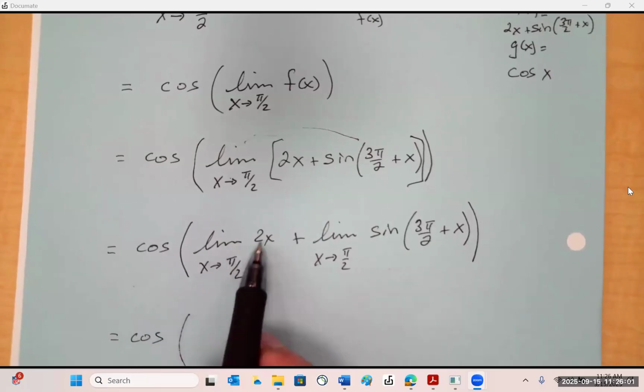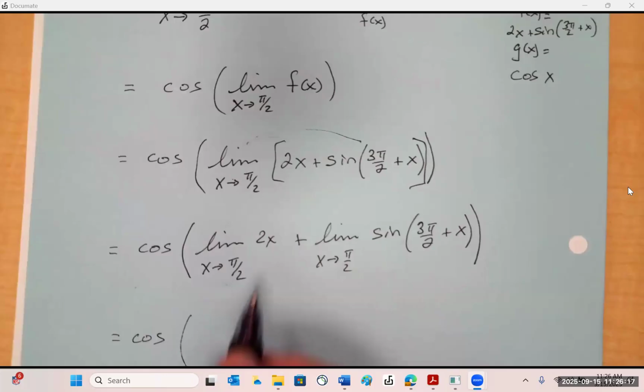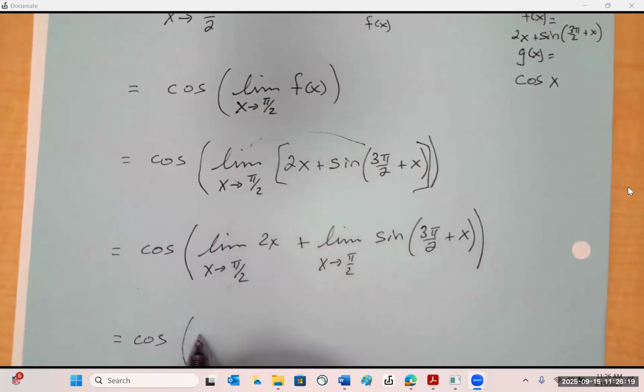So the limit of 2x as x approaches pi over 2 equals what? Equals pi. What we do is we have 2, and in place of x, we put pi over 2.